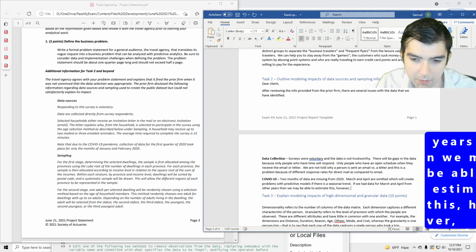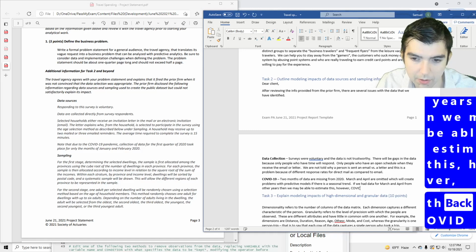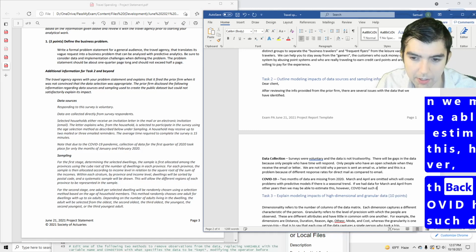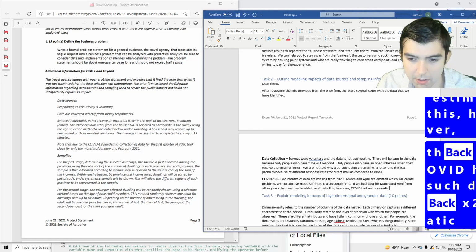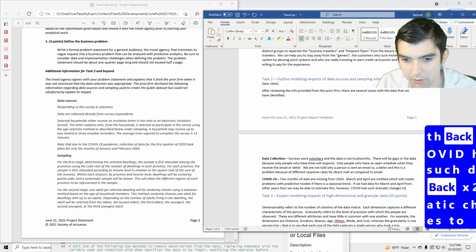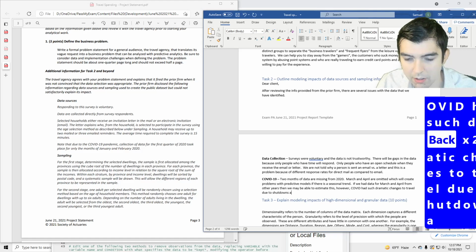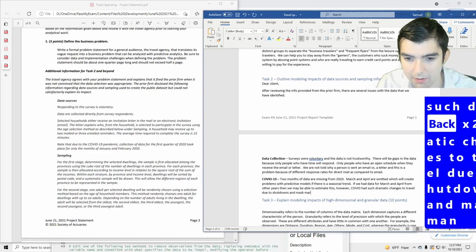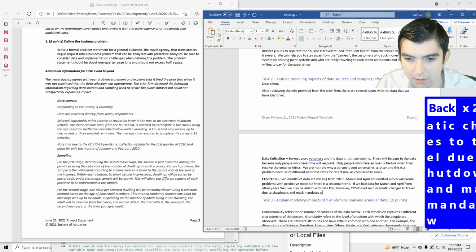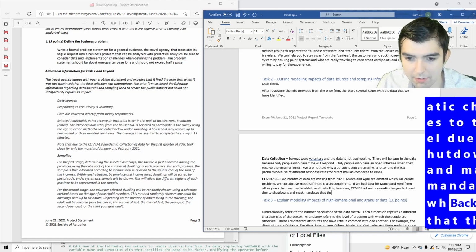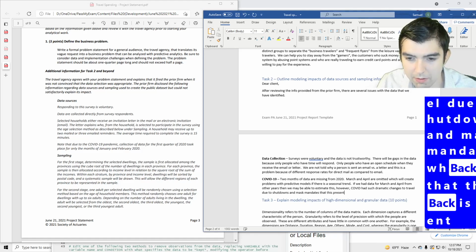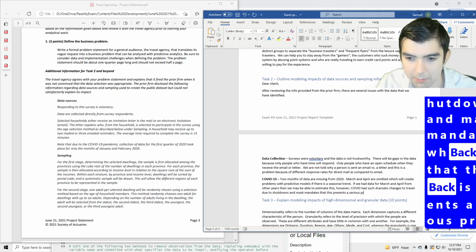However, COVID had such dramatic changes to travel due to shutdowns and mask mandates that this presents a serious problem.